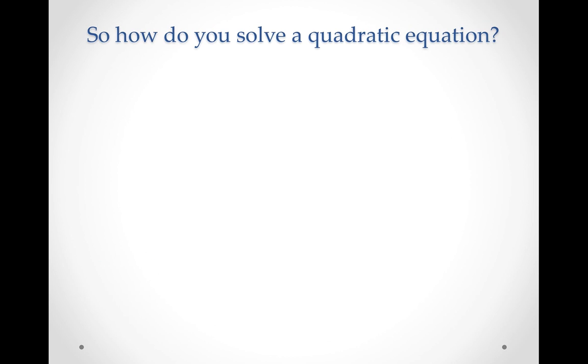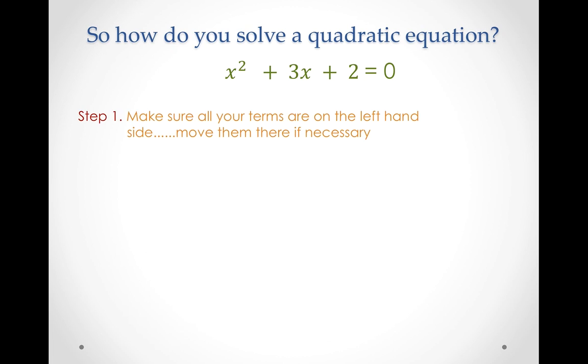Okay, so how do you solve a quadratic equation? Let's have a look at this one. We know it's a quadratic equation because the highest term is an x squared term. This one is x squared plus 3x plus 2 equals 0. Step 1. Make sure all of your terms are on the left-hand side of the equation.